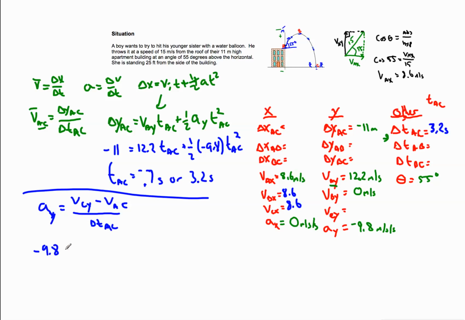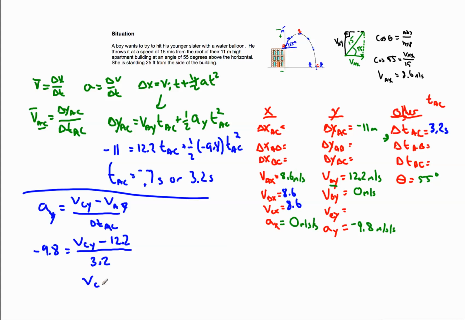Minus 9.8 equals velocity at c in the y dimension, minus 12.2, that is the velocity at a in the y dimension, divided by the time we just found from a to c, 3.2 seconds.